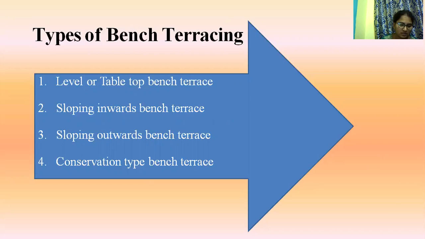Inward sloping terraces are used when the excess water is to be drained off at the earliest into the inward slope. Table-top terraces are built in areas with moderate rainfall and highly permeable, deep soils.